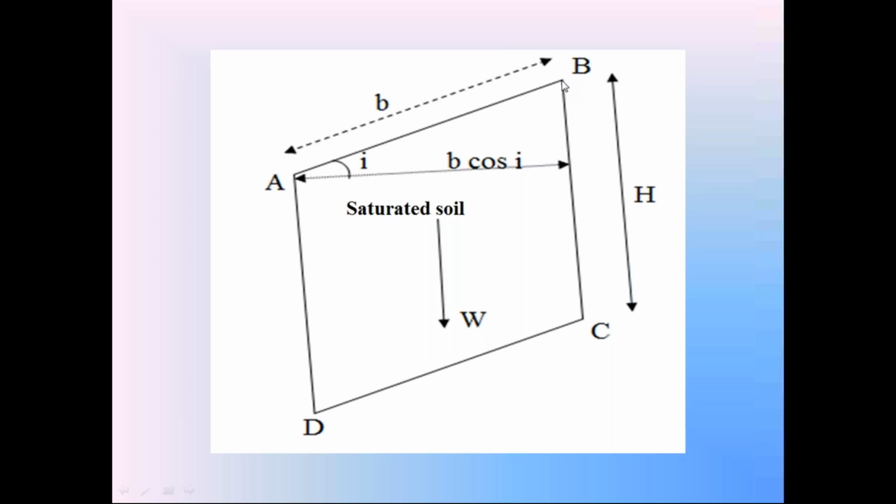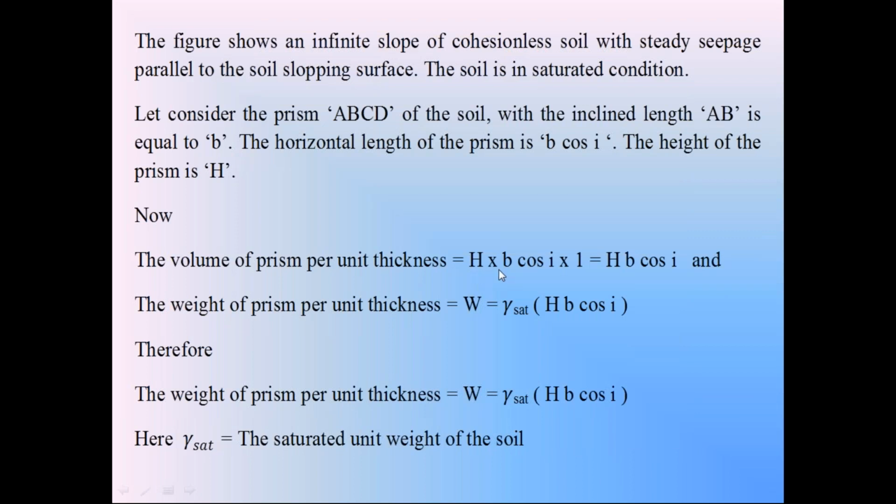In the perpendicular direction, take the unit thickness. Calculate the area of the soil prism first: h into horizontal width b cos i, into unit thickness 1, is the volume of the soil prism, h b cos i. And here gamma saturation is the unit weight of soil. This gamma saturation is equal to weight W divided by volume h b cos i.